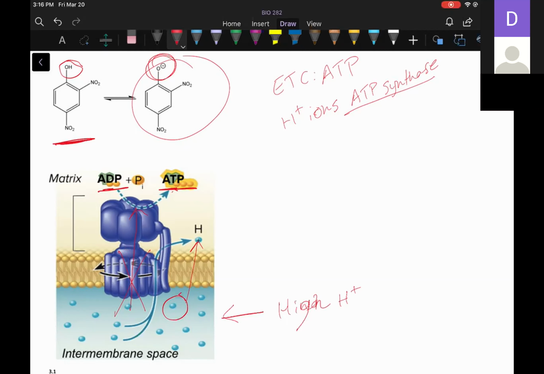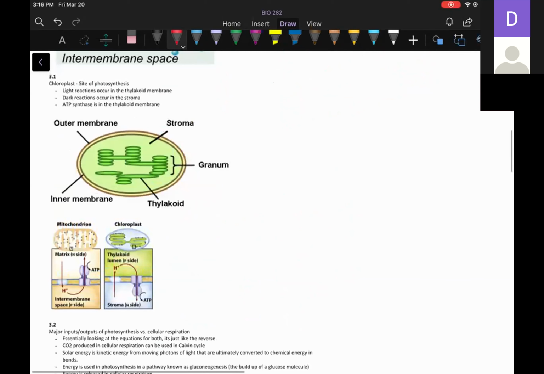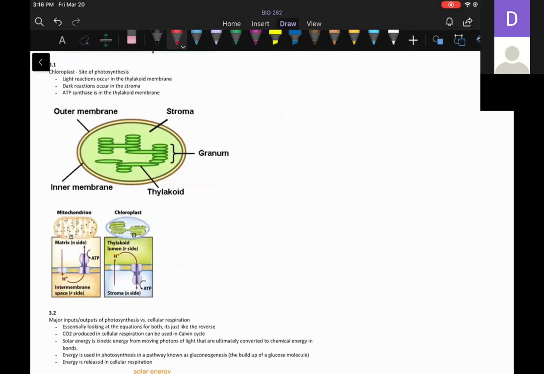Okay. All right, so moving on to photosynthesis. We'll talk about where everything occurs first. The chloroplast is the site of photosynthesis, which is this organelle right here. Light reactions occur in the thylakoid membrane.